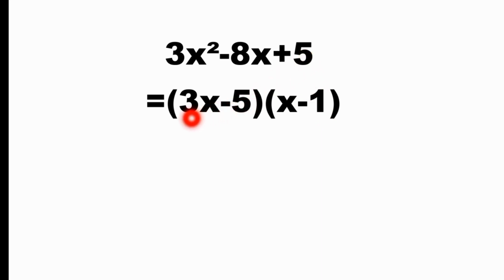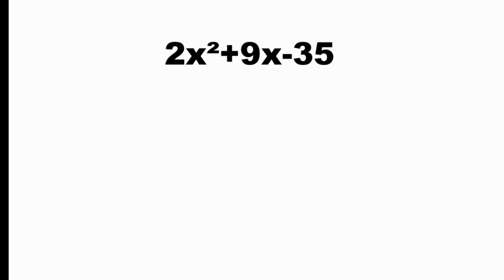So the factors of 3x² minus 8x plus 5 are the quantity 3x minus 5 times the quantity x minus 1. We have negative, negative, positive, and if you multiply and add these, it becomes the middle term.